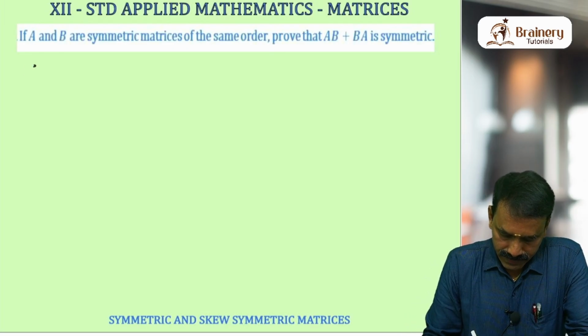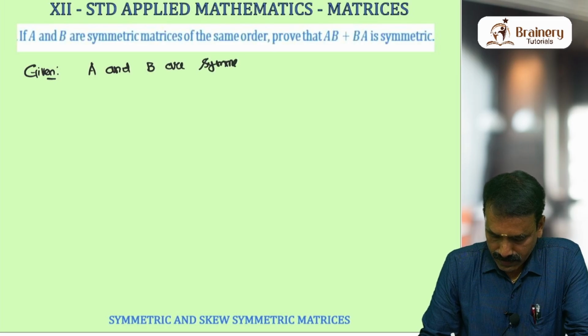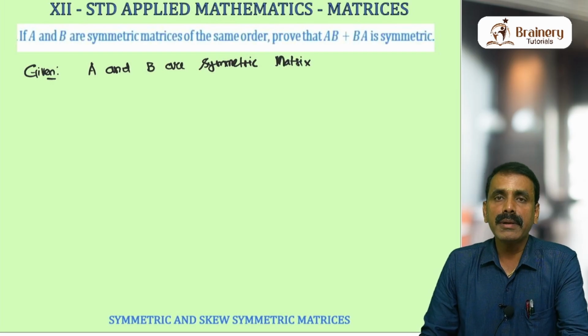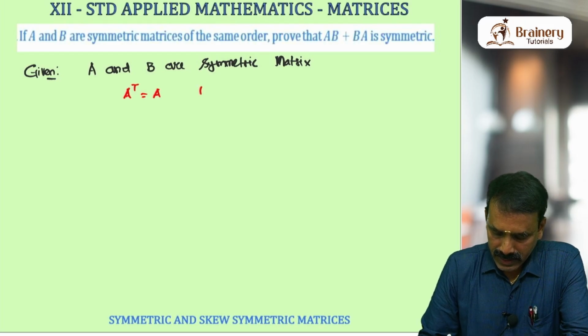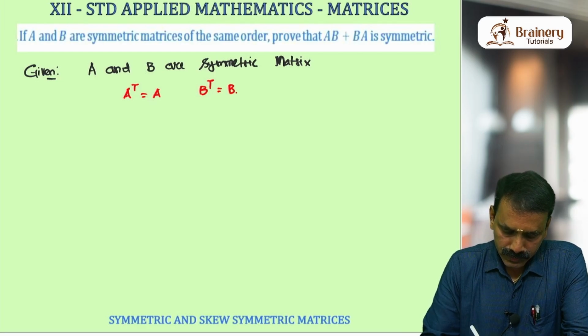So given A and B are symmetric matrices. What do we know about the property? A transpose will be equal to A and B transpose will be equal to B. What are we supposed to prove?